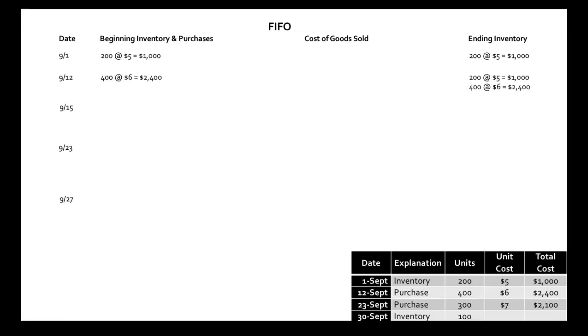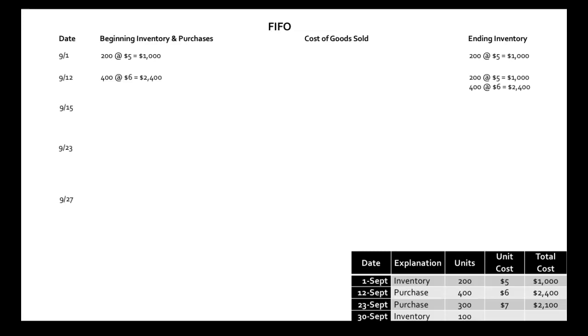And then below that, we write our new inventory that just came in, the 400 units at $6 a piece. And we're going to want to keep them separate for both FIFO and LIFO because we need to know which ones came in first and which ones came in last, right? Because FIFO is first in, first out. So we need to know which units came in first.